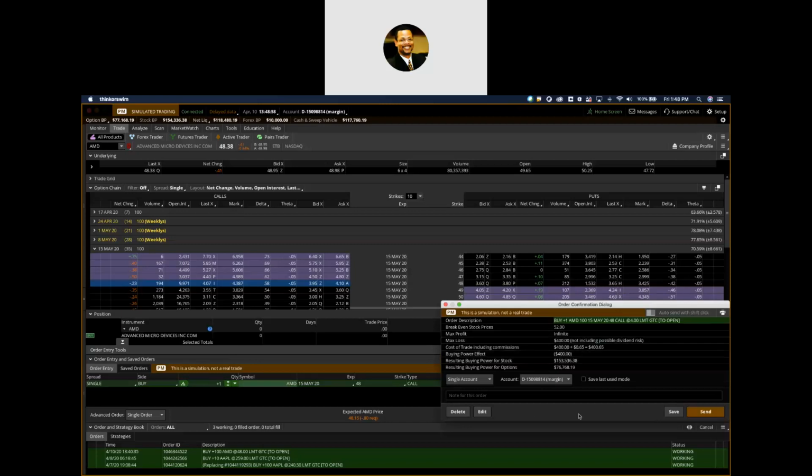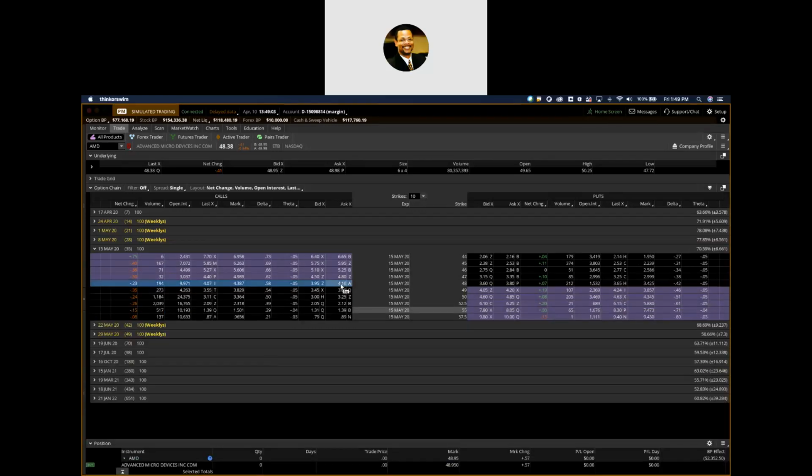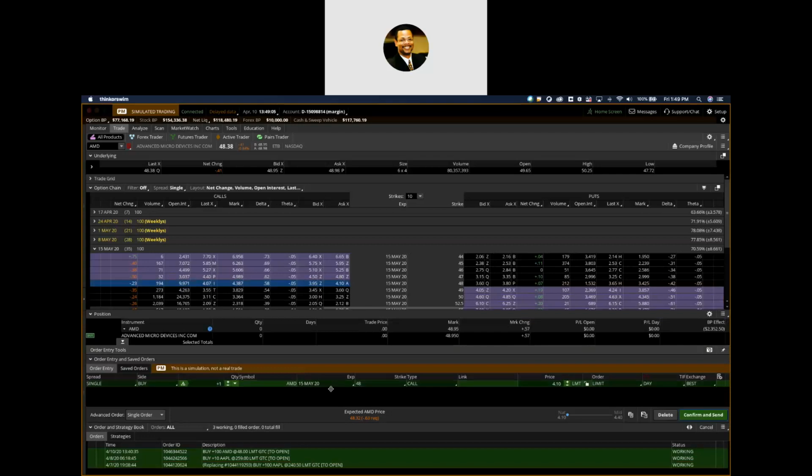So let's look at that combination. If I took the same buying power and I offered them, assumably, $4 a share, and I was already willing to spend $4,800, then it's only $400 per contract, right?